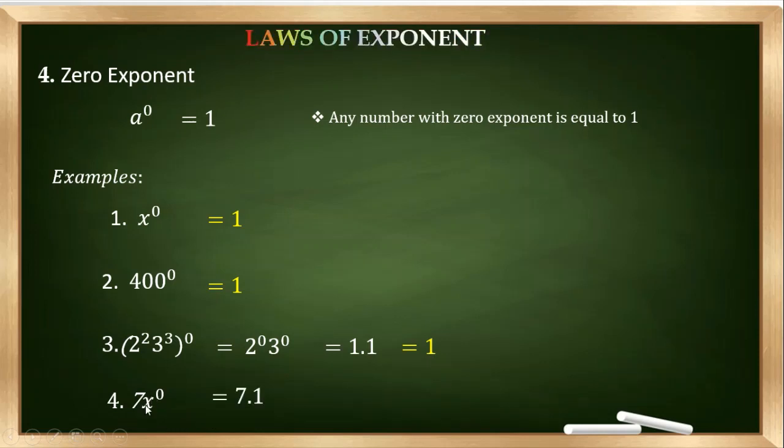So sa x lamang yung magkakaroon ng sagot na 1. So 7 times 1, kasi magkatabi sila, ibig sabihin, we're going to multiply that. So 7 times 1, so that is equal to 7. Okay? So yun yung 0 exponent. Okay, again, 0 exponent, any number or variable with 0 exponent is equal to 1.